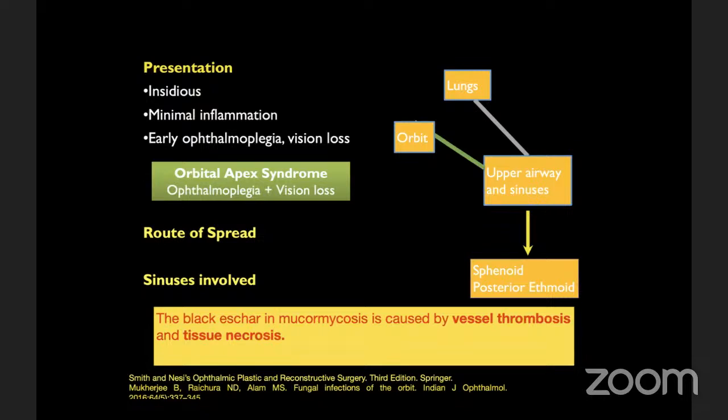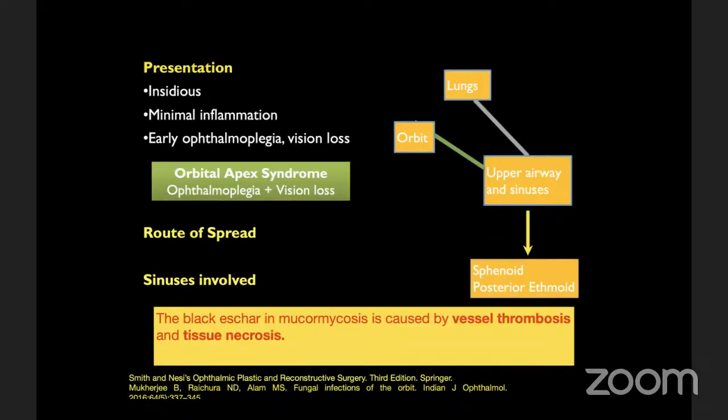So you would have a case with mild inflammation and limitation of muscles, and immediately, you wouldn't suspect it clinically to go into vision loss or blurring of vision, but that can happen. So that would indicate a more posterior orbital involvement, in a much more indolent course.